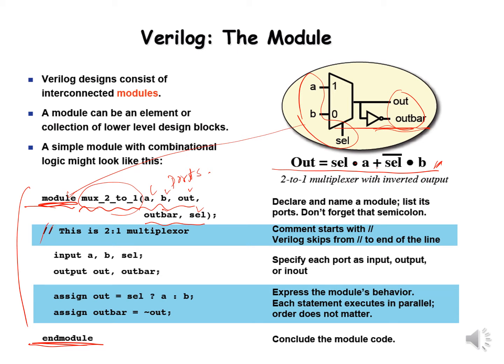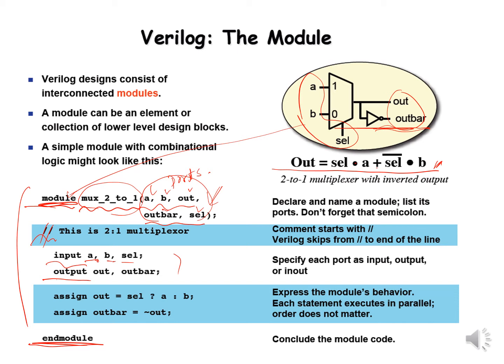The double slash is the comment, and then we define. Not only do we define the ports here, we also need to define what kind of port you are using. It can be input or output, right? The inputs A, B, sel. You need commas between them to separate all the different ports.